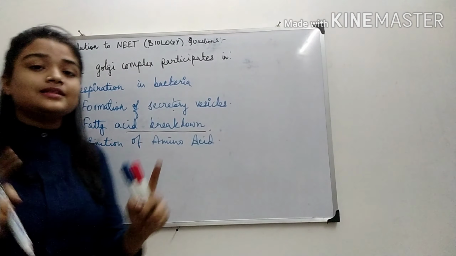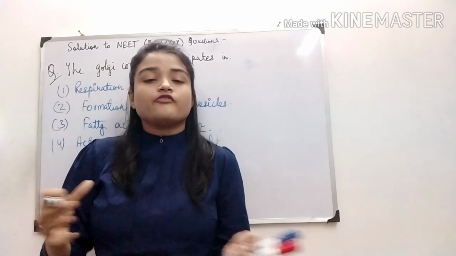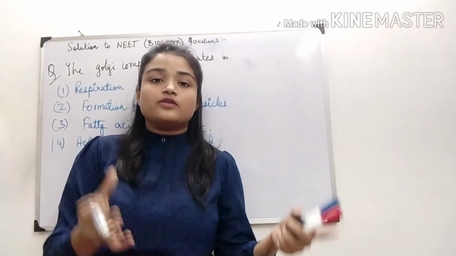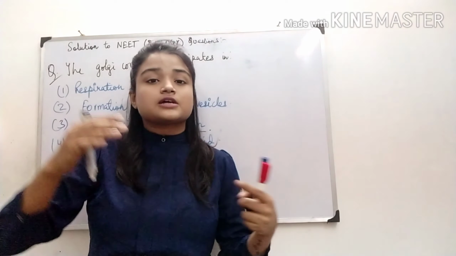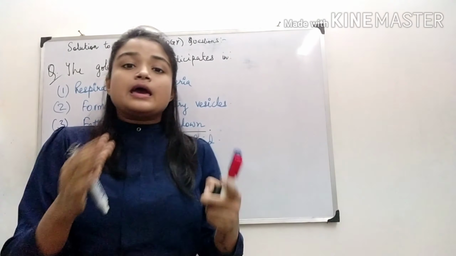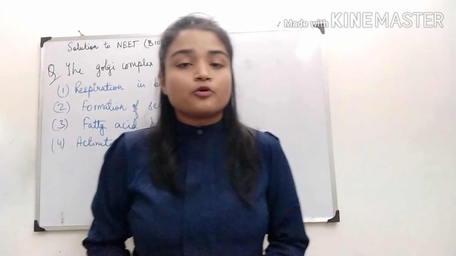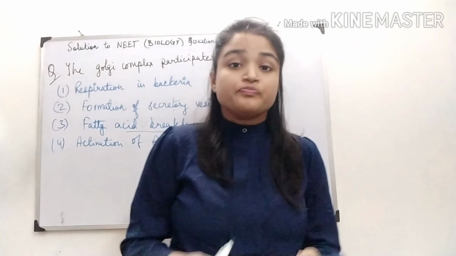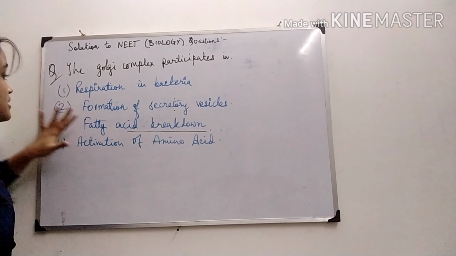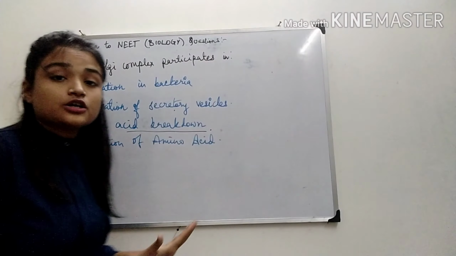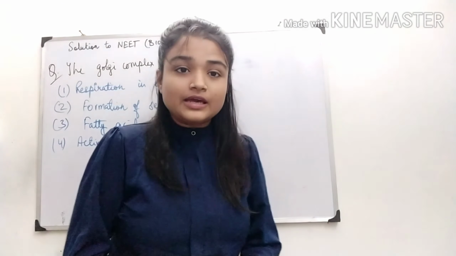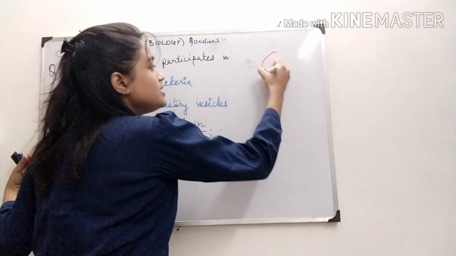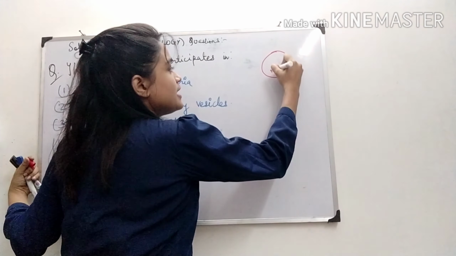Activation of amino acid, that means the formation of proteins, with tRNA coming and joining with the mRNA and rRNA to form the protein, all takes place in the cytosol. Now for the second statement, the formation of vesicles: the nucleus is preparing the mRNA.